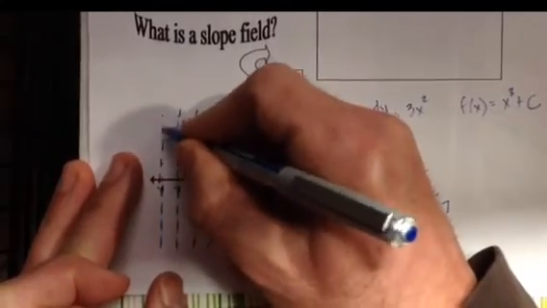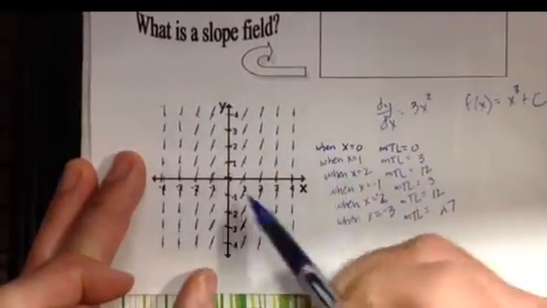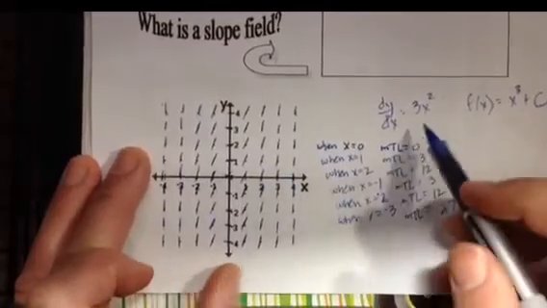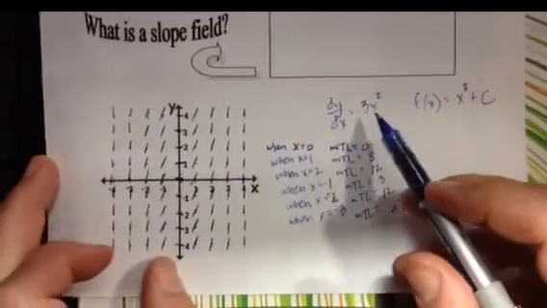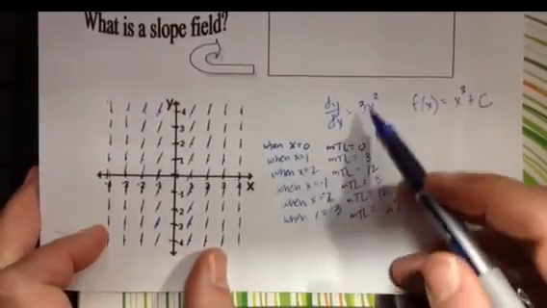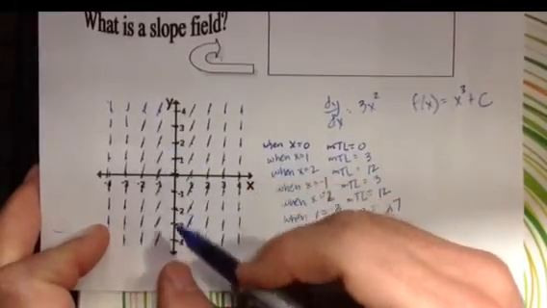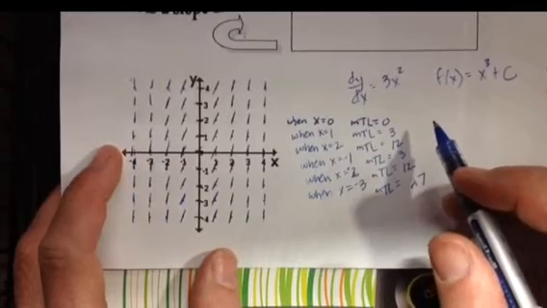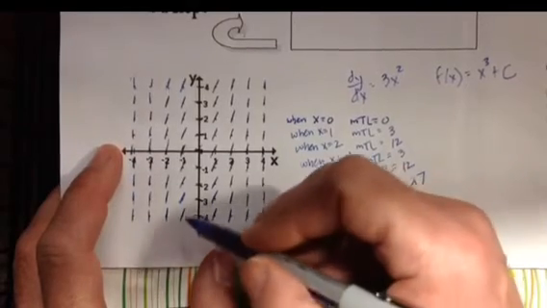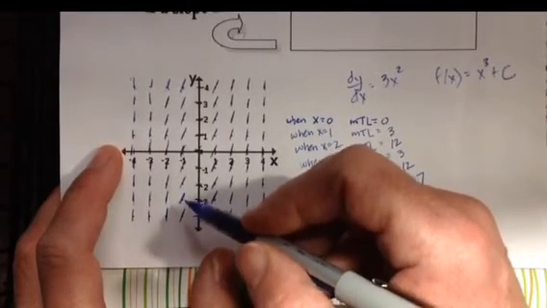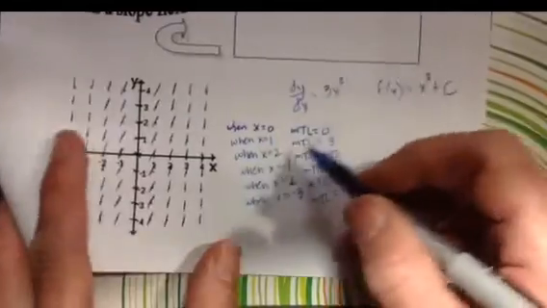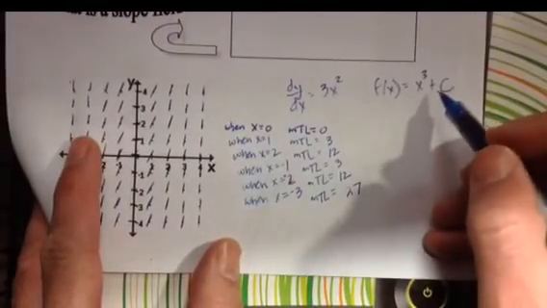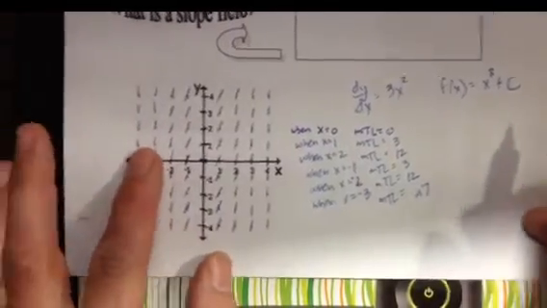So this is what we call a slope field. It's looking at locations on the coordinate grid and what the instantaneous rate of change is there. And all of these are miniature tangent lines. So what we're doing is showing this family of curves that should look like cubic functions, just being vertically shifted up and down.